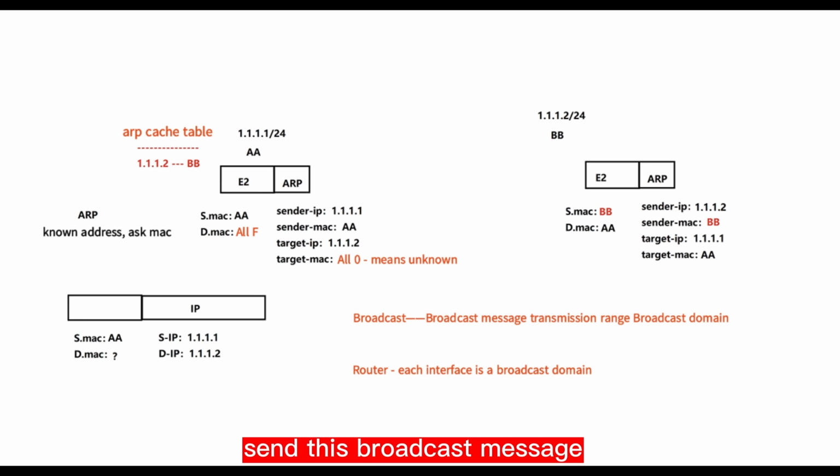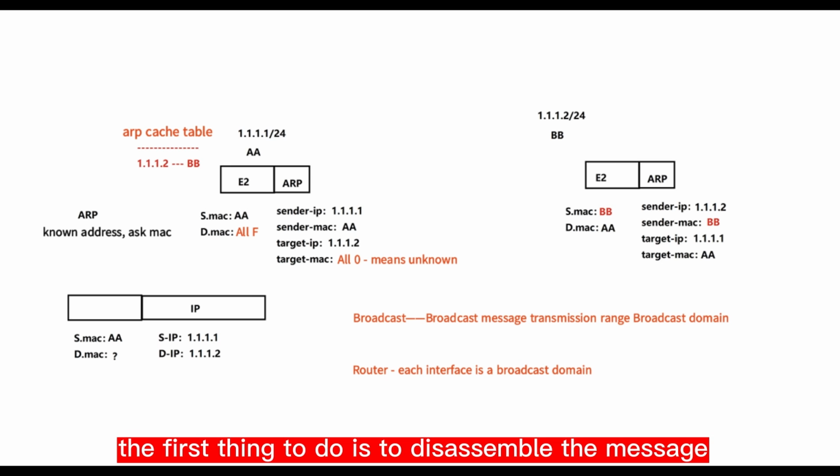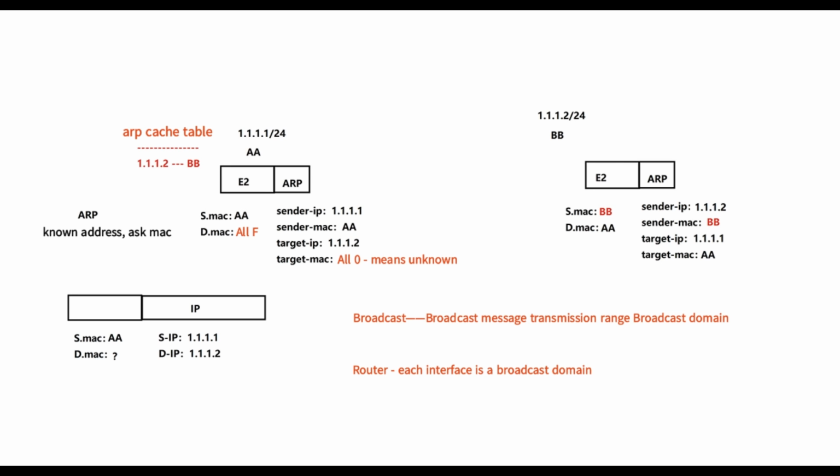Send this broadcast message. PC2 in the environment can definitely receive the broadcast packet, because it is obliged to process and receive it. The first thing to do is to disassemble the message, from the bottom up. First remove the second layer.